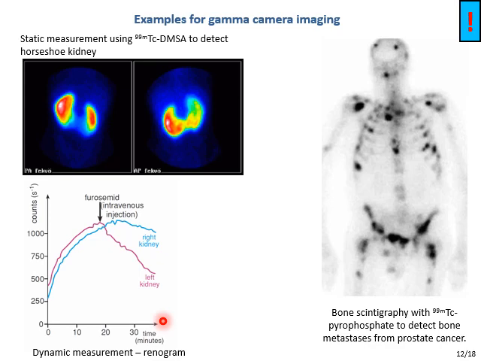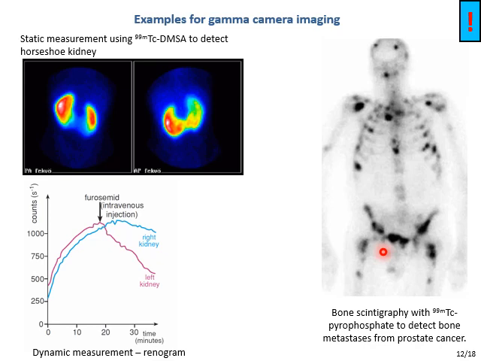been measured. And on the right side, you can see bone scintigraphy with another kind of technetium-based radiopharmaceutical. The aim here was to detect bone metastasis from prostate cancer.